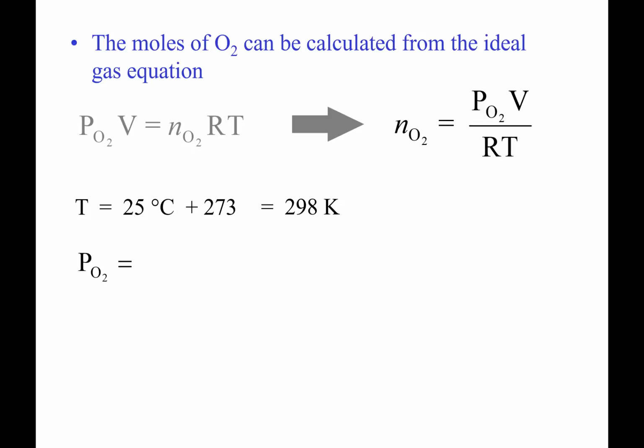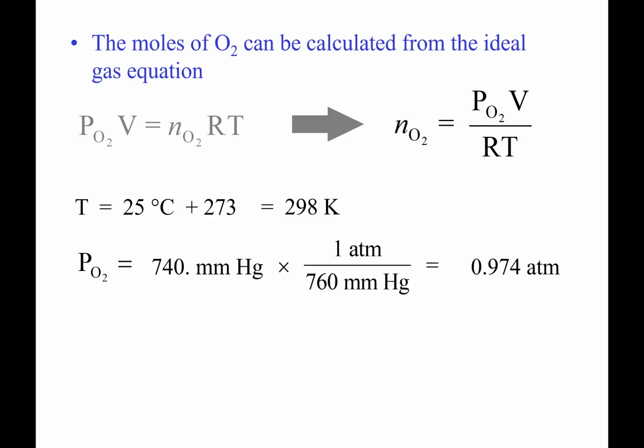And here's fixing our pressure, the partial pressure of oxygen. We left it in millimeters of mercury. It was 740. with 3 sig figs millimeters of mercury. Of course, 1 atmosphere over 760 millimeters of mercury will do the conversion that we need. Down to 3 significant figures, you get the partial pressure of oxygen is 0.974 atmospheres.